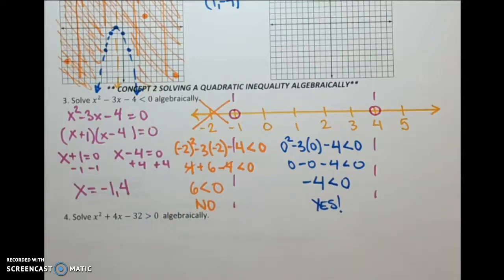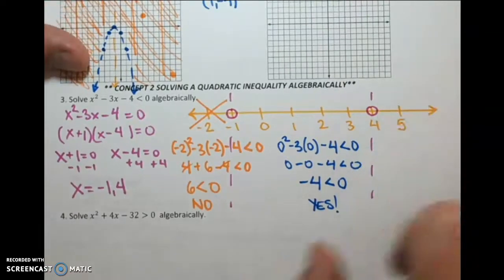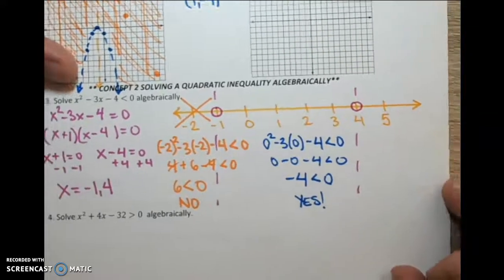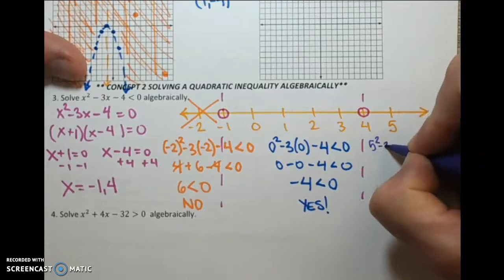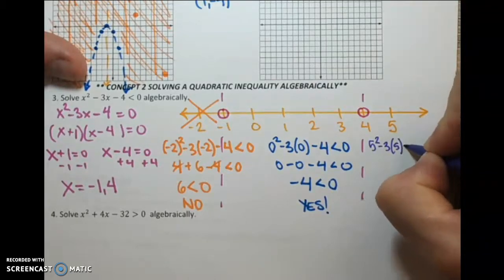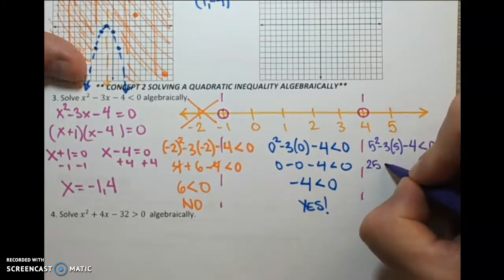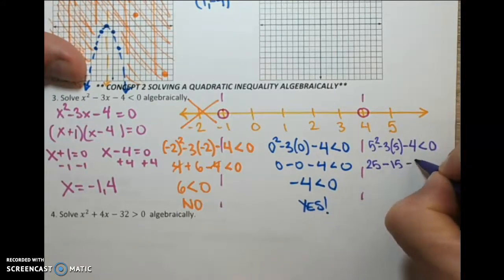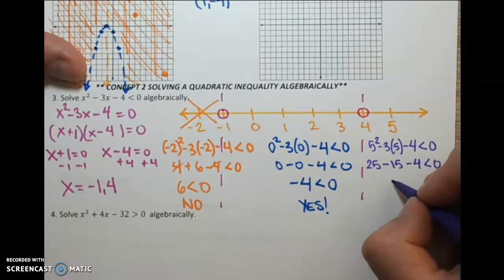All right, I'm going to do the last one here. And I'm going to use 5 this time because it has to be greater than 4. All right, so here we go. 5 squared minus 3 times 5 minus 4, is that less than 0? Well, I get 25 minus 15 minus 4, is that less than 0? Well, that's 10 minus 4, that's 6.